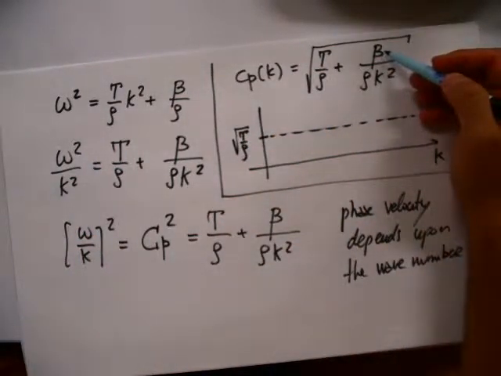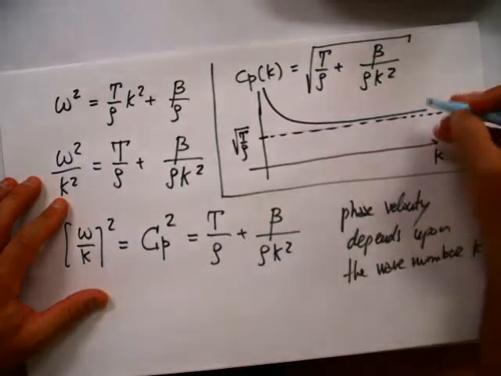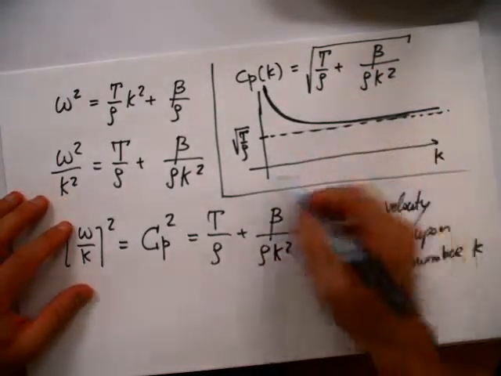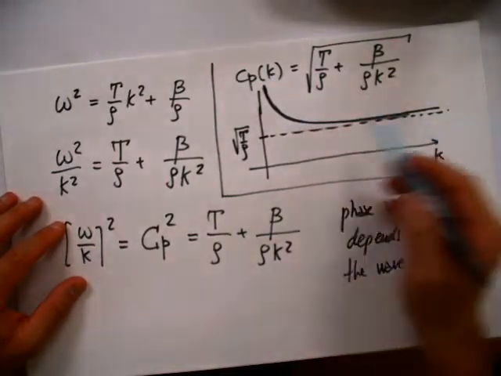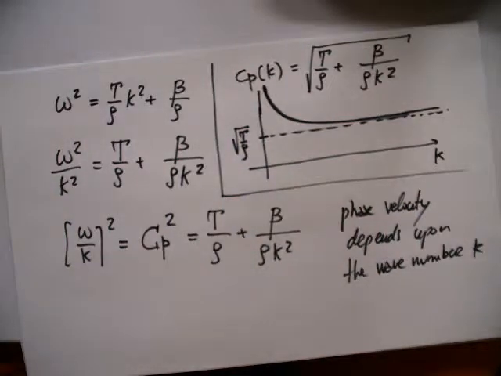You see that the phase velocity, which depends upon k, asymptotically tends to the speed that we would have if there were no elastic bed introducing extra stiffness. And this basically makes sense. You see, it's very interesting.